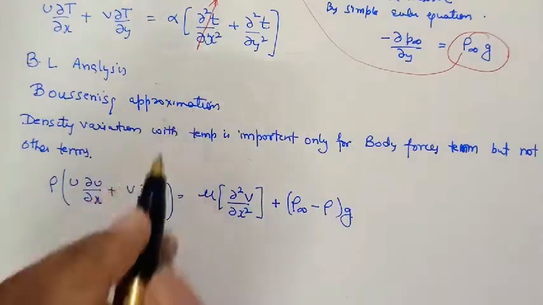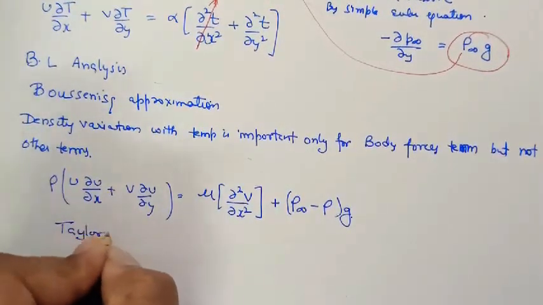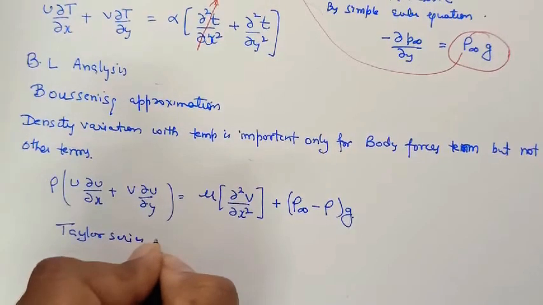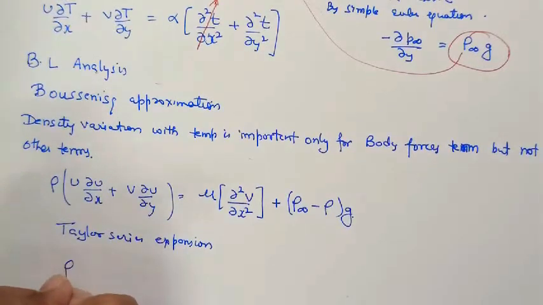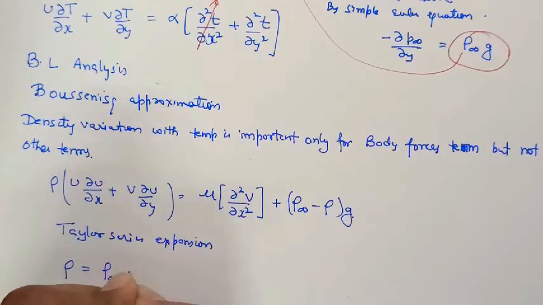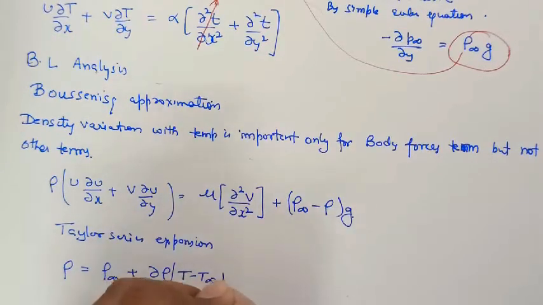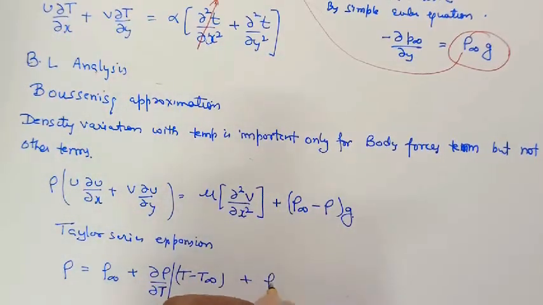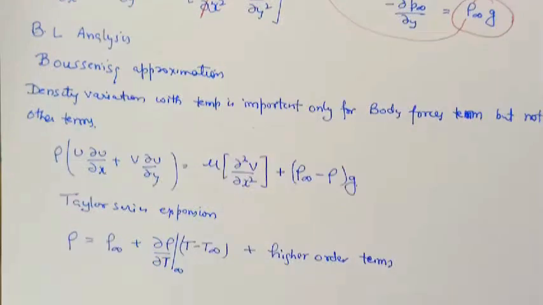Now by Boussinesq approximation, by Taylor series expansion, we can write rho as rho infinity plus d rho by dT at infinity plus higher order terms, right?